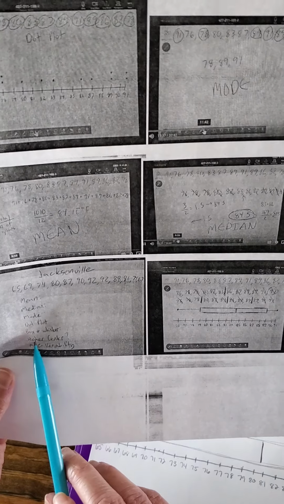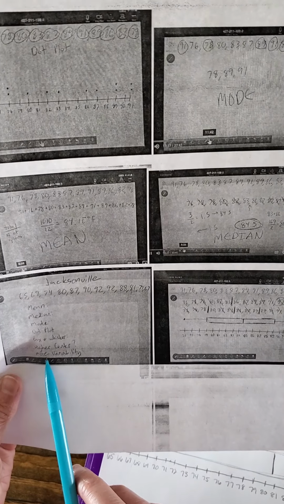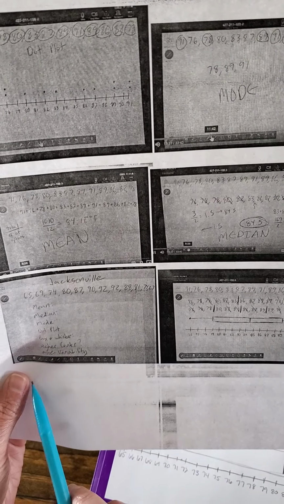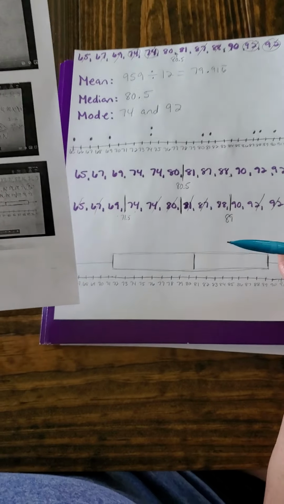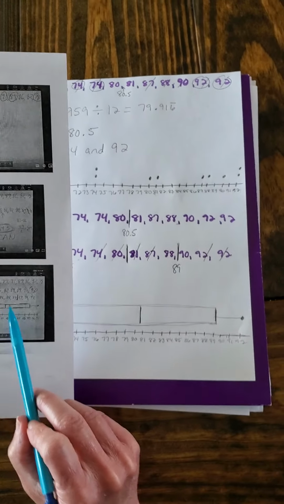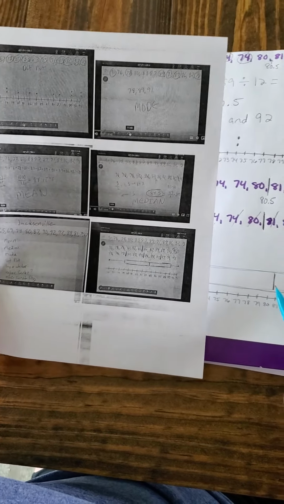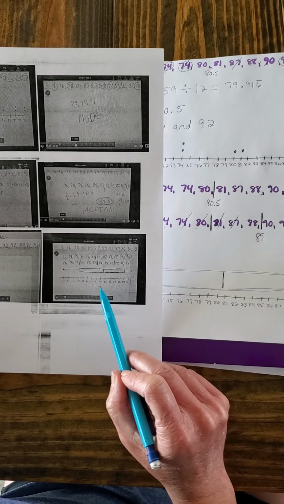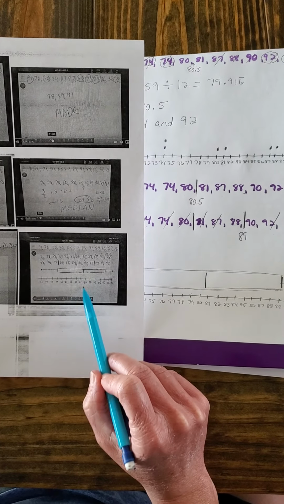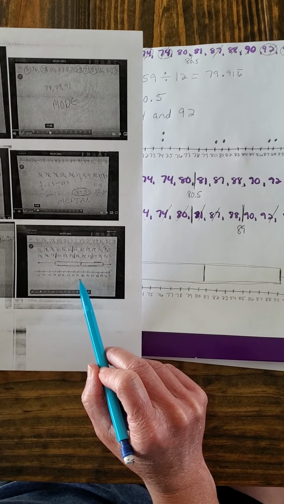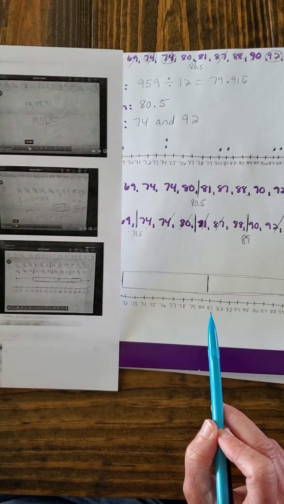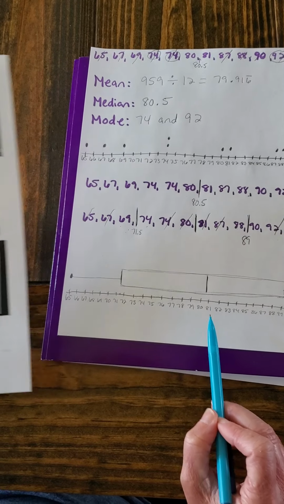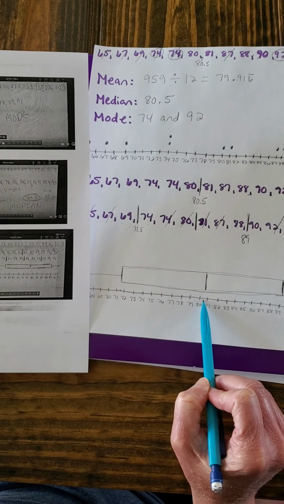Which one has the higher center and which one has more variability? Okay, so let's start by looking at the center. We're going to compare Miami's center to our center. Miami's center was 84.5, and Jacksonville's center is 80.5.